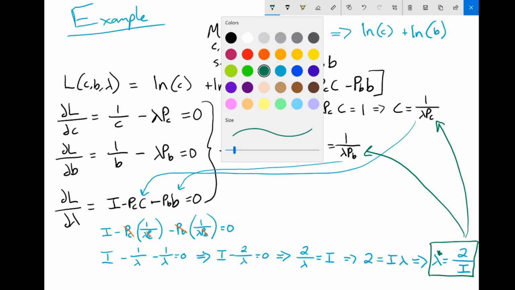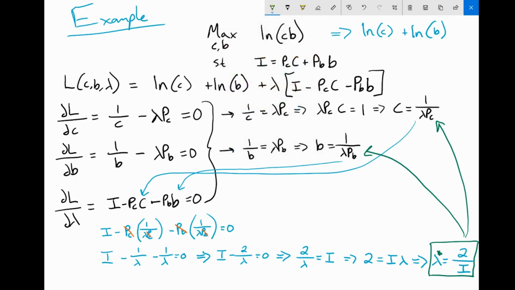Let's use this one. So we'll just do this. C equals 1 over PC times lambda, and plugging in lambda, 2 over I. What is that? Simplify, that's 1 over 2 PC divided by I, which will equal I divided by 2 PC.